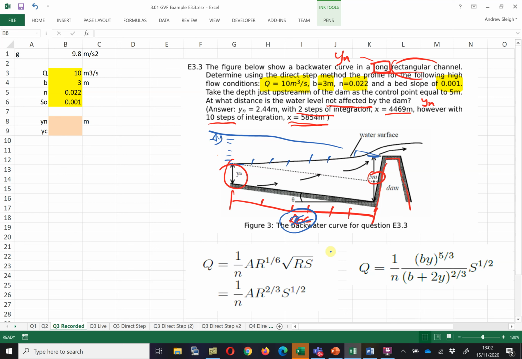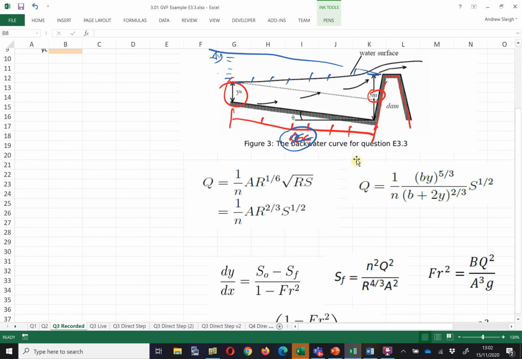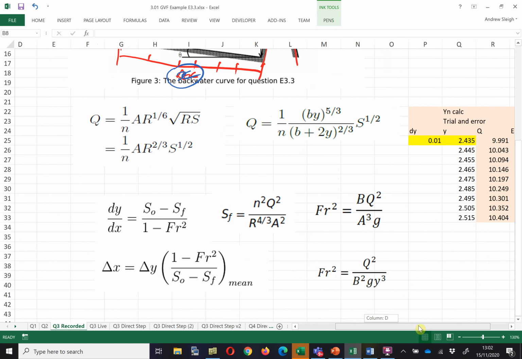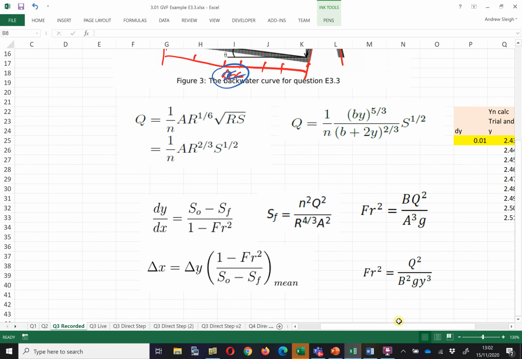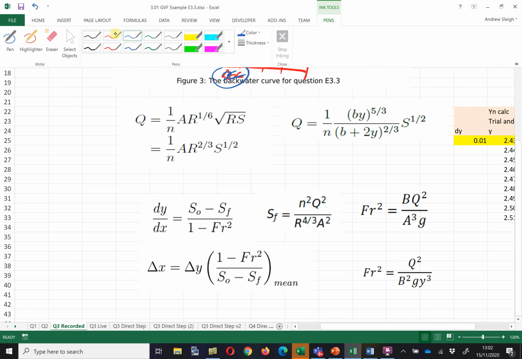Okay, that's the objective. Now, when you're constructing an Excel sheet, do write down all your equations and have them handily there in front of you. So I've written all the equations we're going to use. These are all the equations we would use in a backwater calculation.